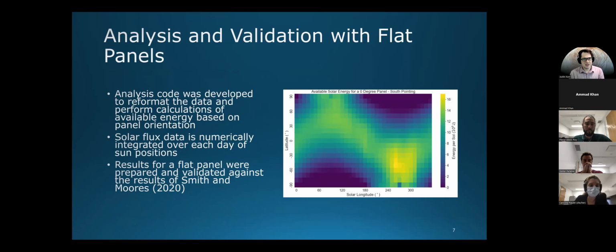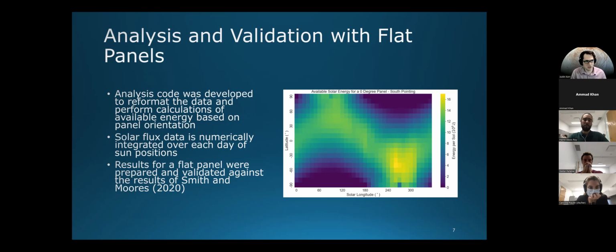So for the analysis and validation processes, I developed analysis code to reformat the data and perform calculations of available energy based on various panel orientations. We then numerically integrate this solar panel flux over each day, where we have multiple sun positions throughout the day.